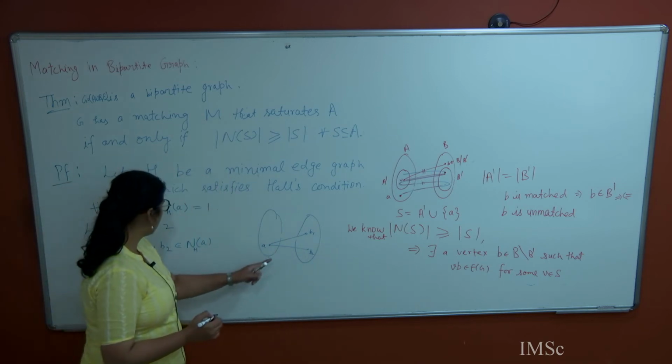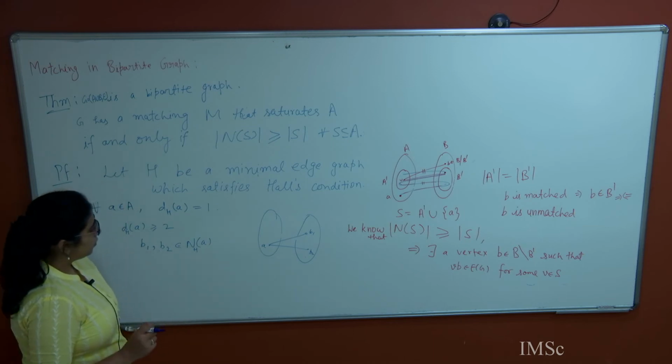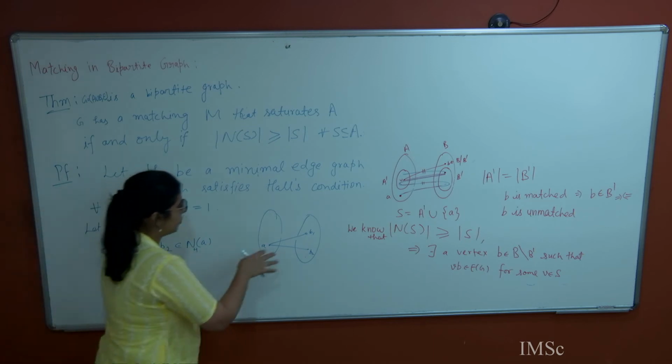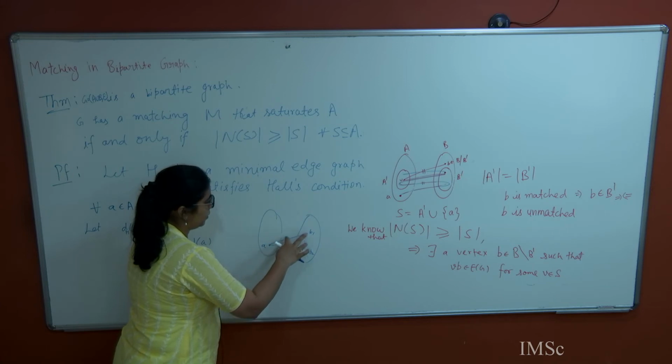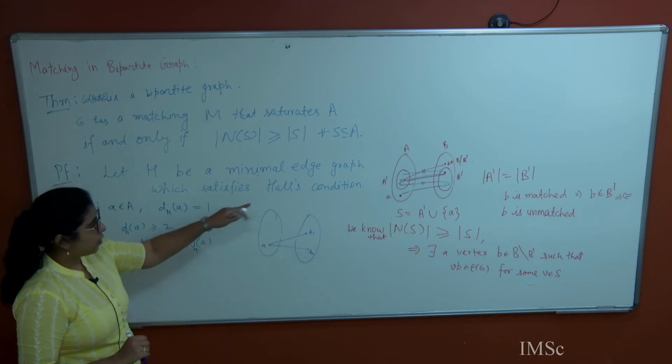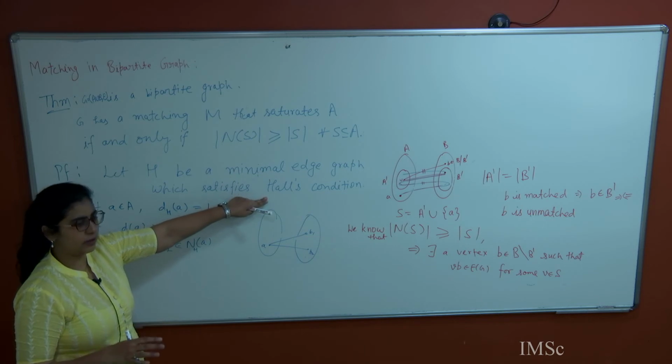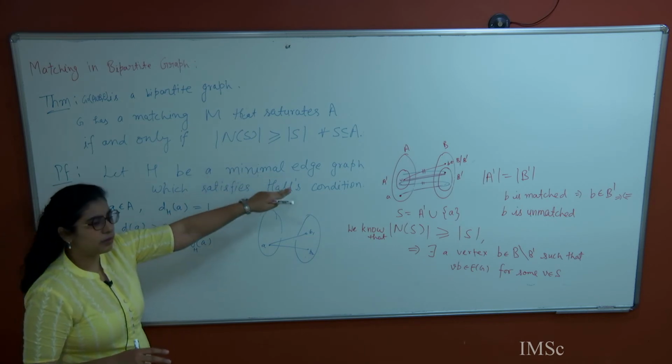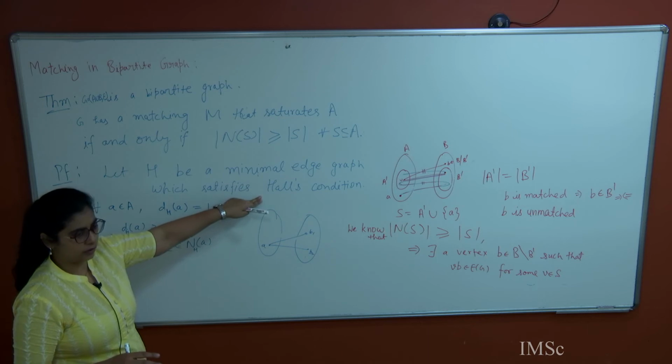If we remove the edge A B1, then Hall's condition should fail, because H is a minimal edge graph which satisfies Hall's condition.